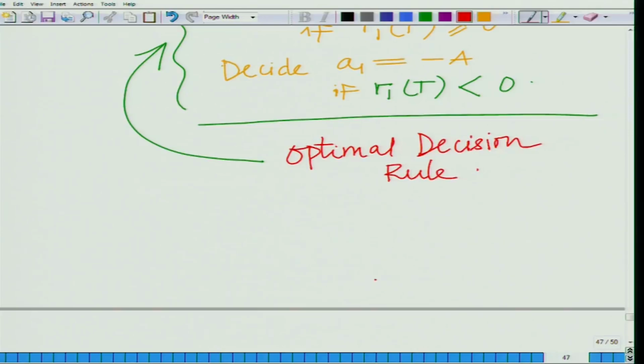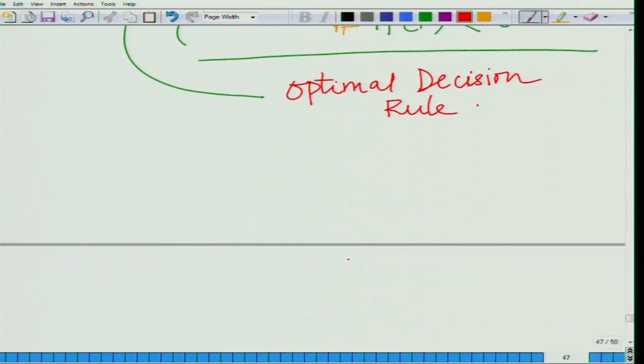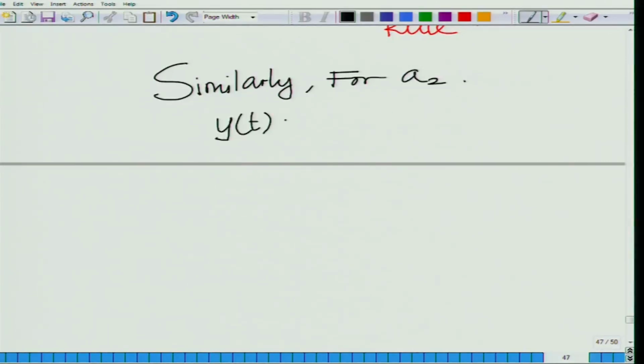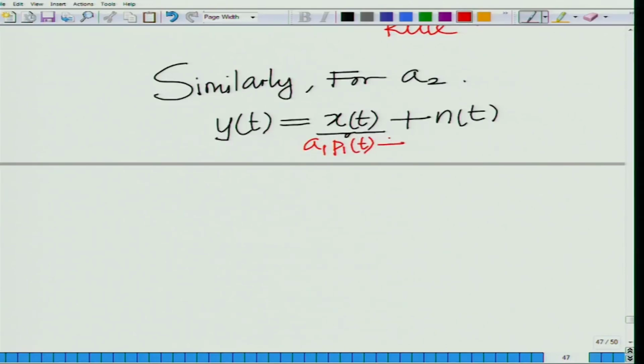Okay. And therefore, now similarly for A2, we have y(t) equals x(t) plus n(t), where this x(t) is basically your A1 P1 t plus A2 P2 t.